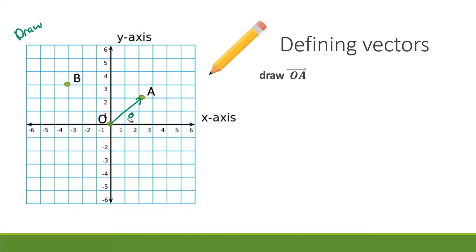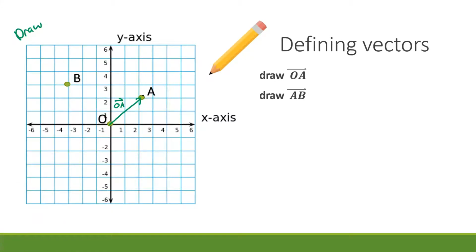Now notice how I've also drawn an arrow here. That's because the direction that we're going is important. That's vector OA. Good. It's just the vector that connects point O to point A. Now let's do some other vectors. Let's do vector AB. Let's do that in a different color. Let's go with orange.